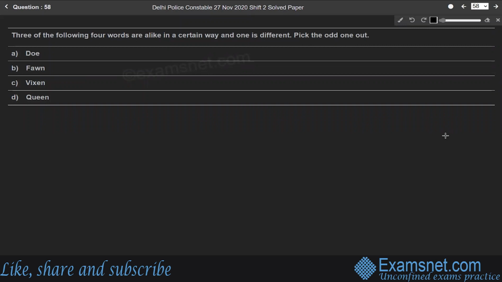Question 58. Three of the following four words are alike in a certain way and one is different. Pick the odd one out. Here, option A, doe, is a female deer. Vixen, option C, is a female fox.